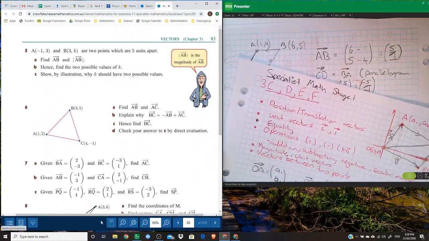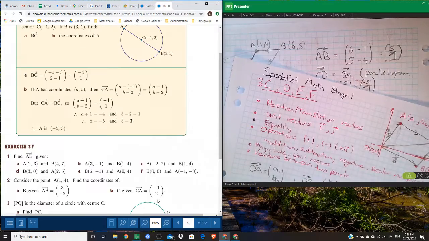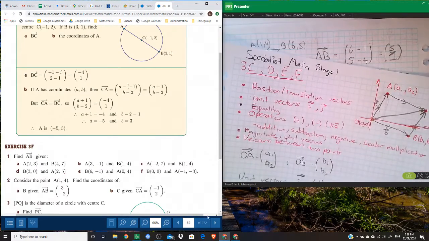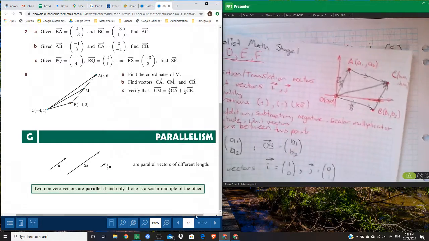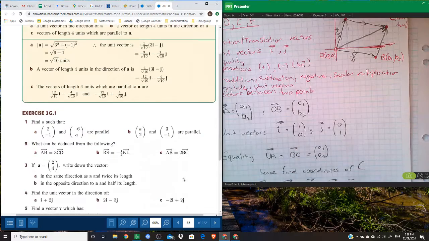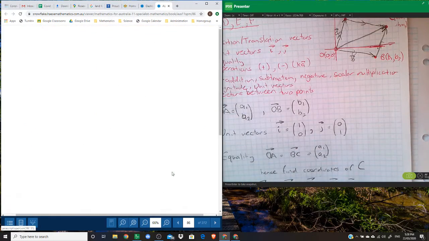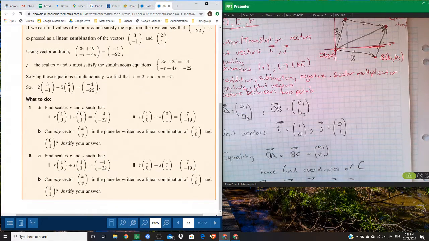Did I say F? Yes, let's leave it there. I think that's enough content for this time. We'll save parallelism for next time. I decided to stop there because it's in 2 parts, and this takes a bit of explanation to do. So I think we better save that for next time.